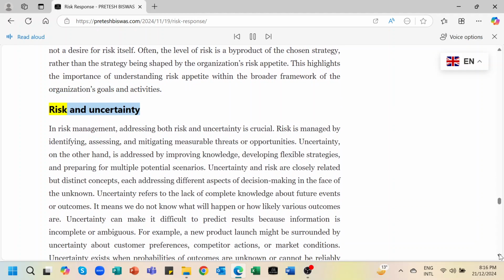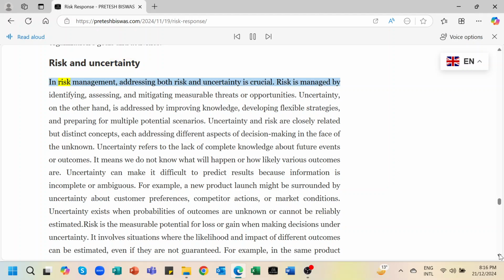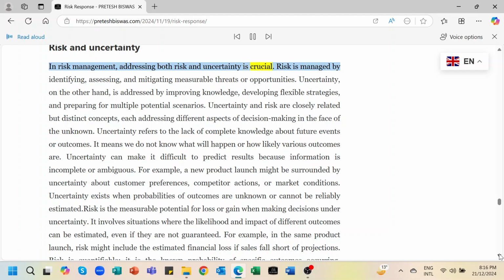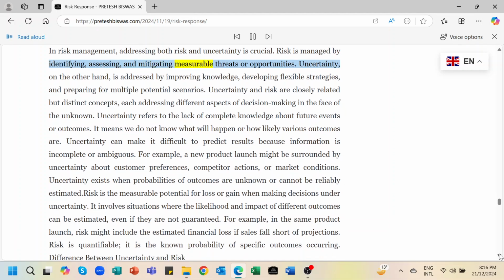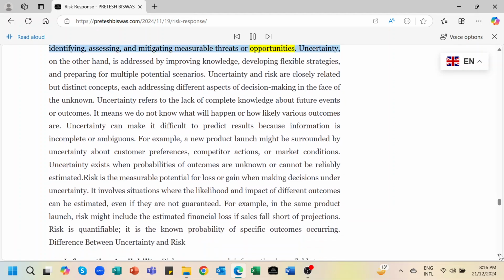Risk and uncertainty. In risk management, addressing both risk and uncertainty is crucial. Risk is managed by identifying, assessing, and mitigating measurable threats or opportunities. Uncertainty, on the other hand, is addressed by improving knowledge, developing flexible strategies, and preparing for multiple potential scenarios.